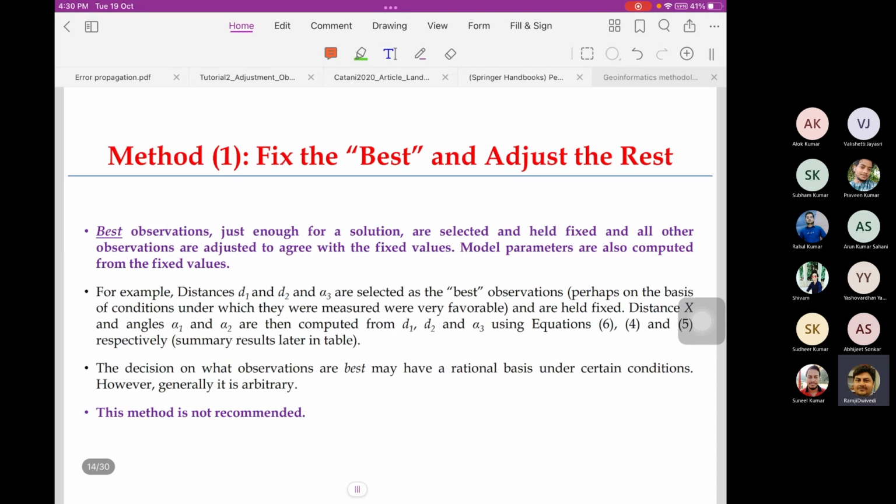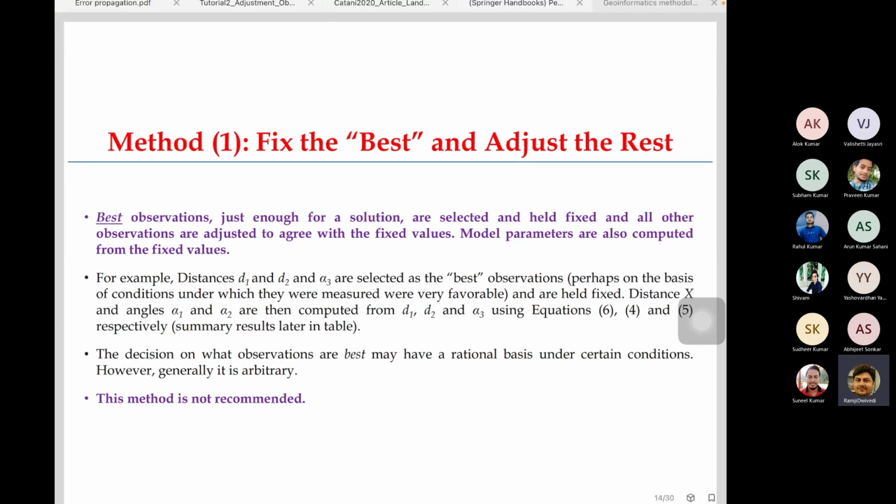Distance x and angles alpha 1 and alpha 2 are then computed from D1, D2, alpha 3 using certain equations. The decision on what observations are best may have a rational basis under certain conditions. However, generally it is arbitrary, and this method is not recommended.